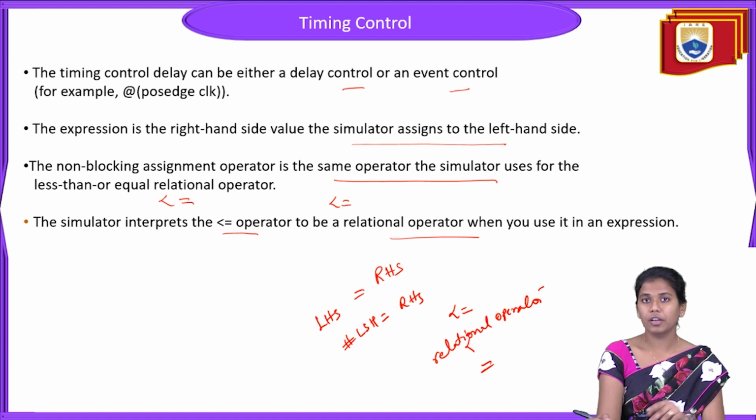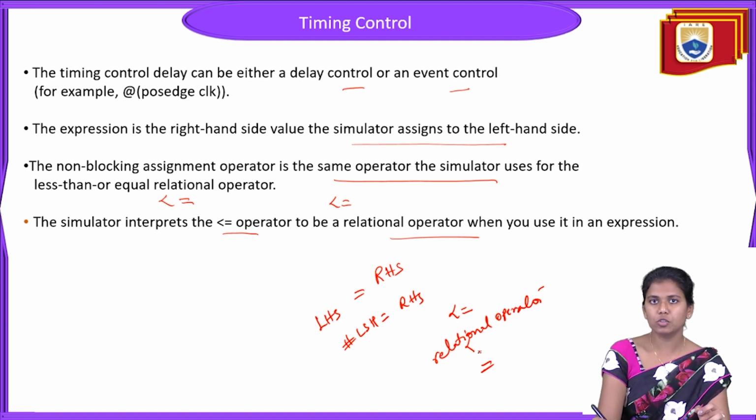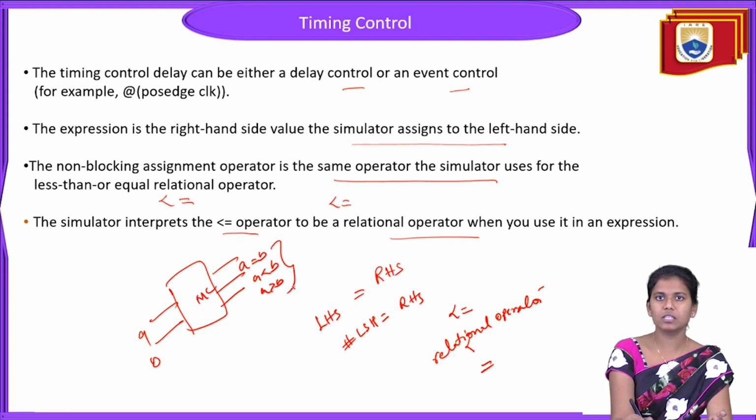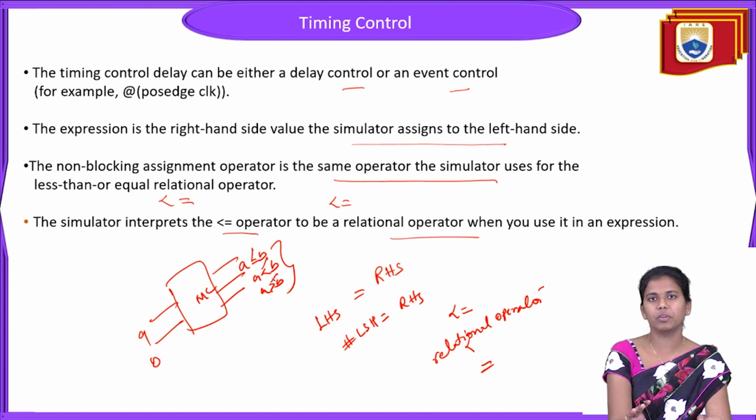Basically, when you observe these two, you might recollect the magnitude comparator. In the magnitude comparator, when my bits are A and B, we need to observe three conditions: A equals to B, A less than B, and A greater than B. So equals to, greater than, and less than are nothing but the relational operators that we can consider.